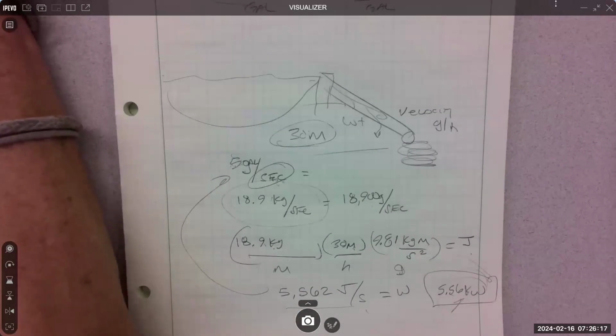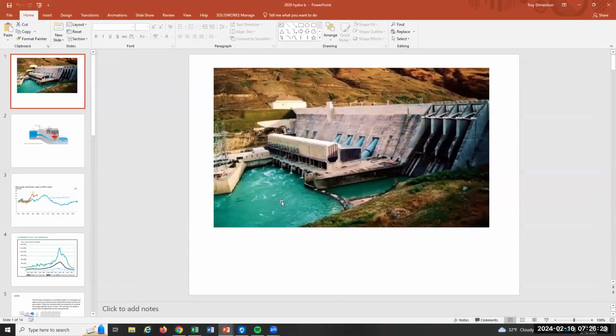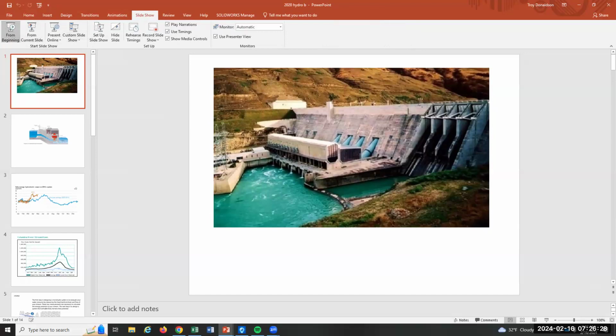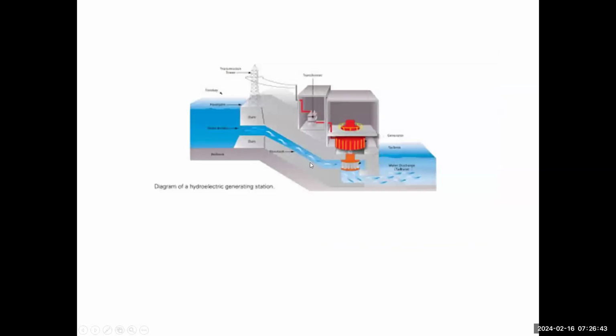So I think I have a PowerPoint that shows a dam setup here. You can see these are the tubes that run down, water level up here might be 100 feet or so. So this water load is falling, and this is the cut view, and I know this is a little blurry.